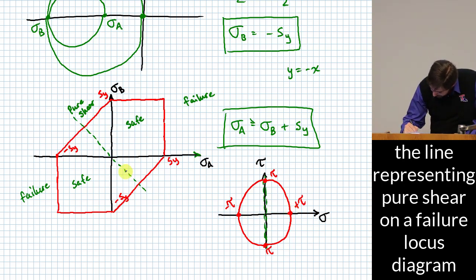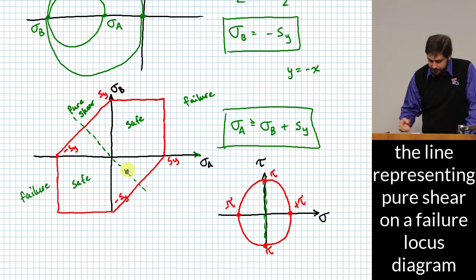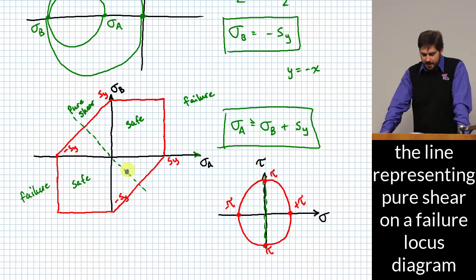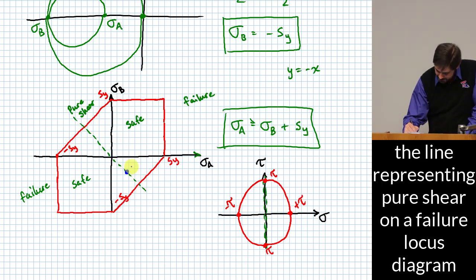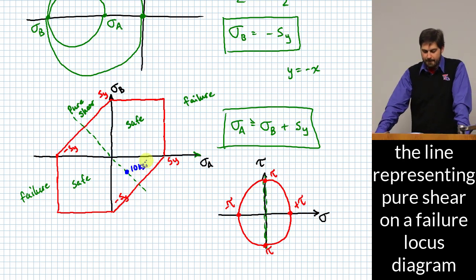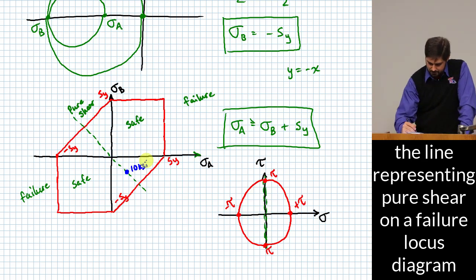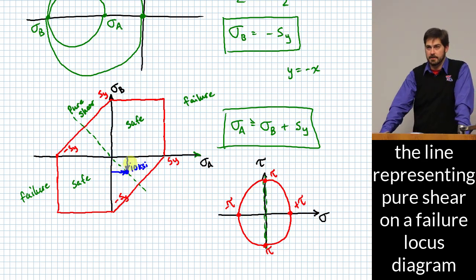In other words, I could pick a point right here. And let's say that my sigma A in-plane principal stress was 10 KSI. What is my other in-plane principal stress? It's 10 KSI this way, negative 10 KSI this way.